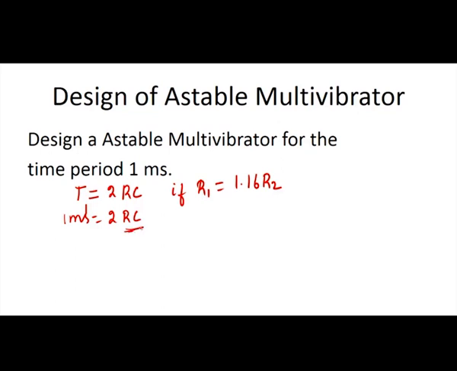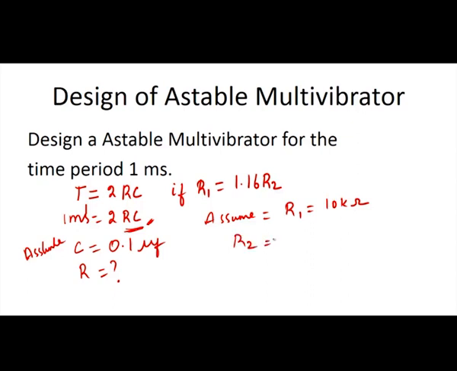This R and C is the RC network connected to the negative terminal of the operational amplifier, and C you have to assume 0.1 microfarad. So from this equation calculate what is R, and assume R1 as 10 kilo ohms.